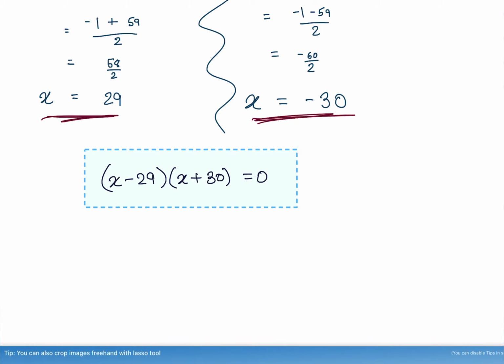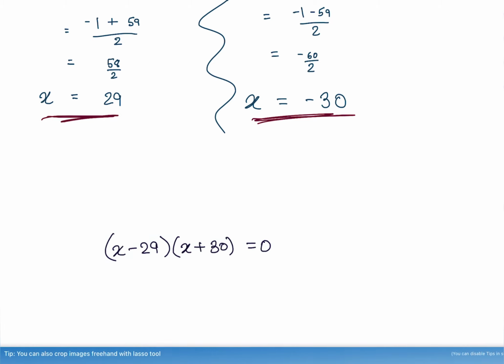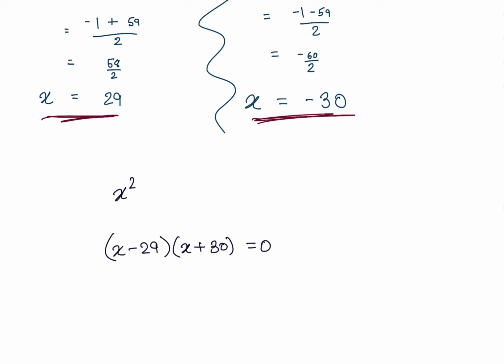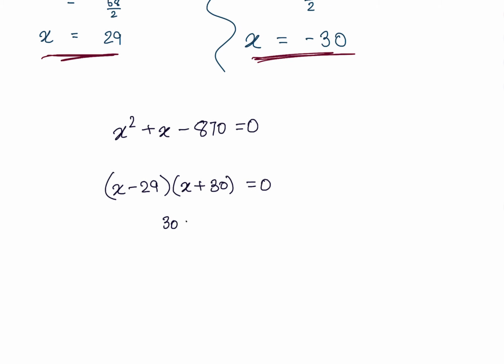So in the start, our equation was x squared plus x minus 870 gives us 0. And if you check it, 30 times negative 29 gives us negative 870. If you would like to, you can go ahead and check that on a calculator, or you could do it by hand, or maybe even in your head. So this proves that the quadratic equation does work indeed.